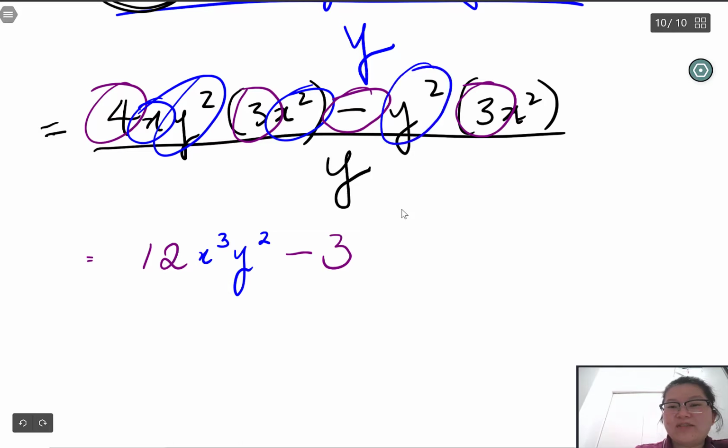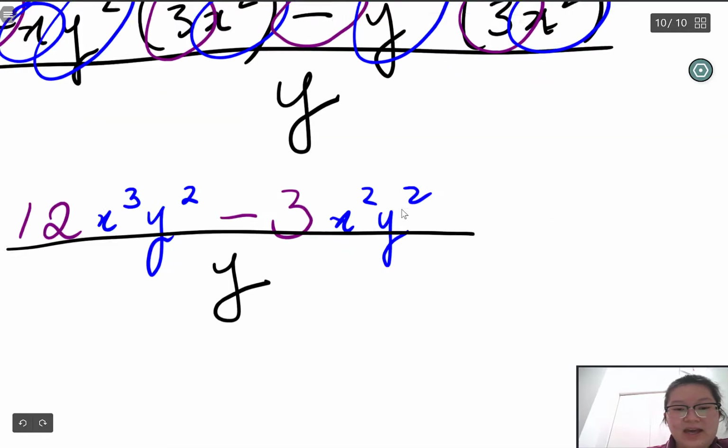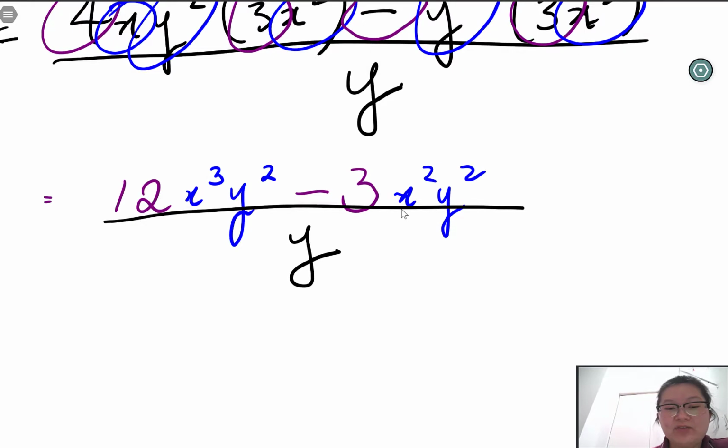The y squared and the x squared have nothing to do with one another, so I'm just going to copy and paste them down, of course in alphabetical order for communication's sake. All of that divided by our y, and then we do the next thing.